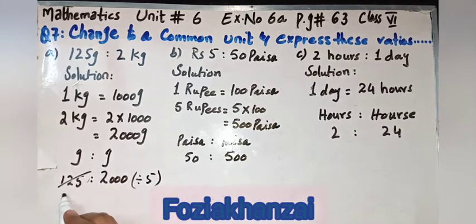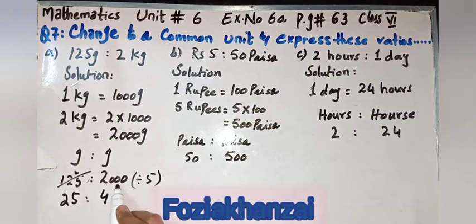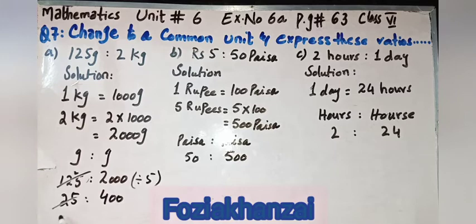5 2s are 10, 2 is left, 5 5s are 25, 5 4s are 20, the last 2 zeros copy down as it is. Again reduce it, 5 5s are 25, 5 8s are 40, this 0 copy down. Again 5 1s are 5, 5 1s are 5, after 5, 6, 7, 8, 3 is left, so the next number becomes 30, 5 6s are 30.